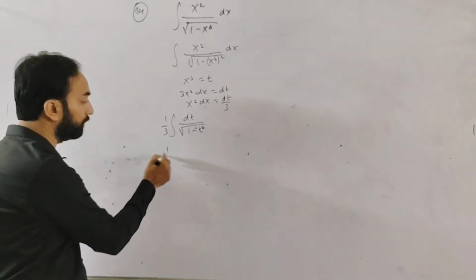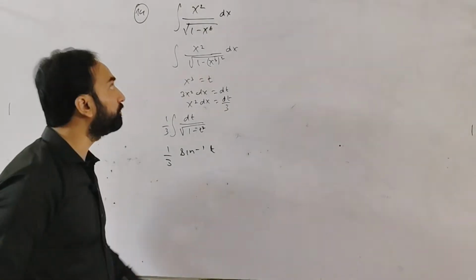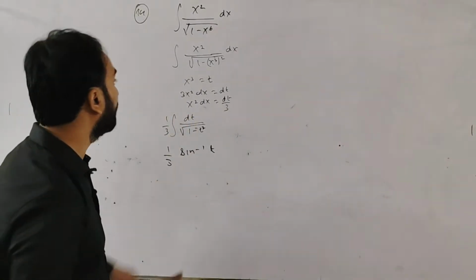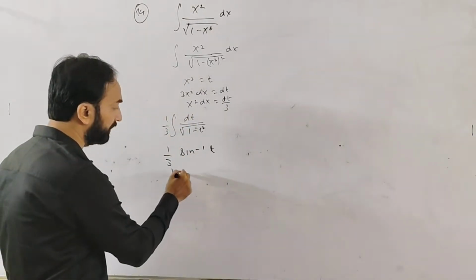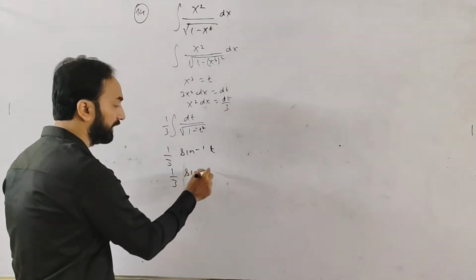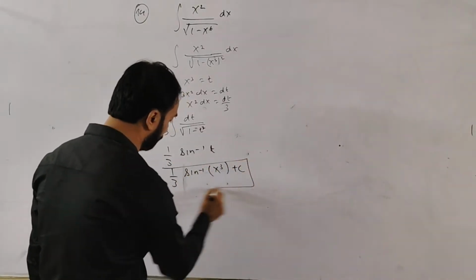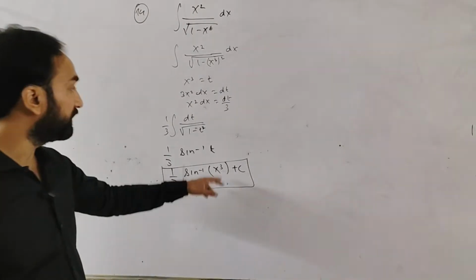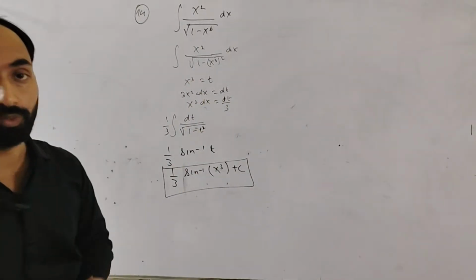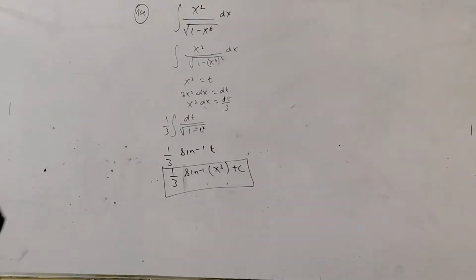So this will become 1 by 3 sine inverse t. But what is the value of t we had taken? T initially we have taken as x cube, so the answer will become 1 by 3 sine inverse x cube plus c. So this is the final answer for this.